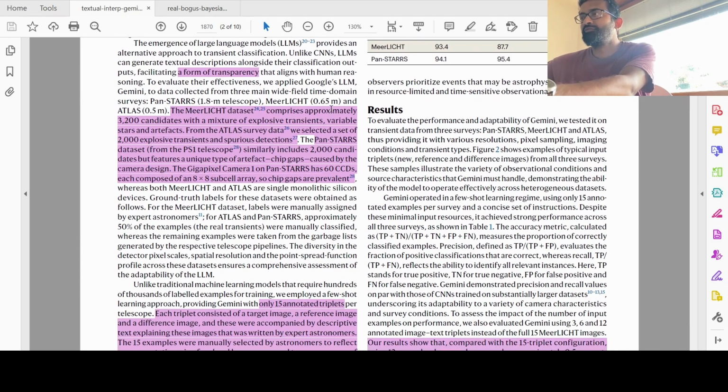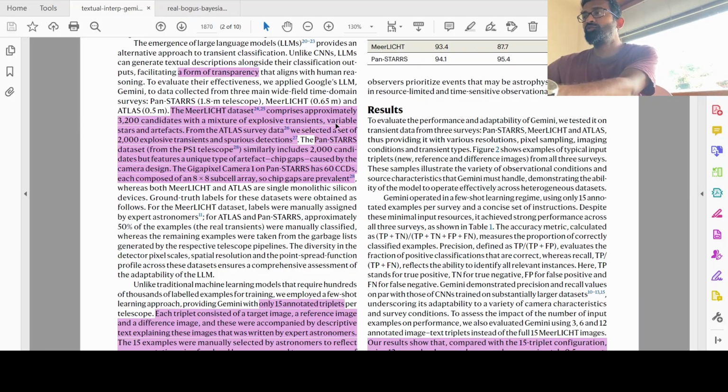Now, here they use datasets from different telescopes that have different resolutions. So the MeerLICHT dataset with a telescope size of 0.65 or 0.7 meters, Pan-STARRS, an almost 2-meter telescope, so the diameter is pretty big, and ATLAS, a 0.5-meter telescope diameter.